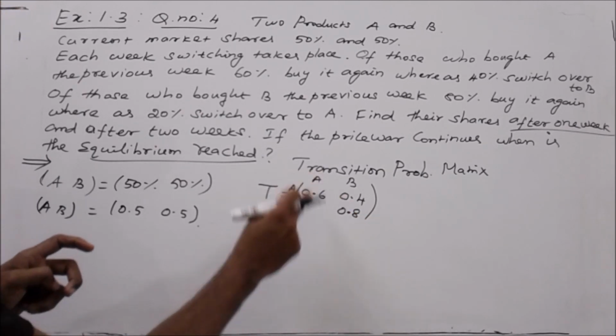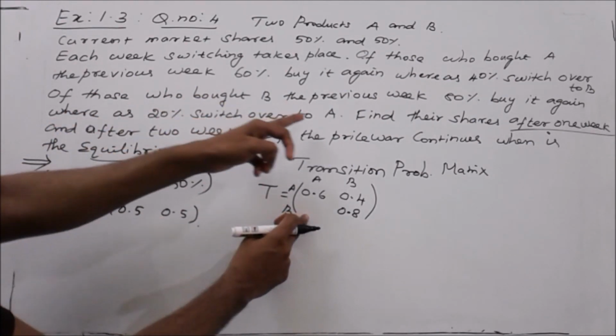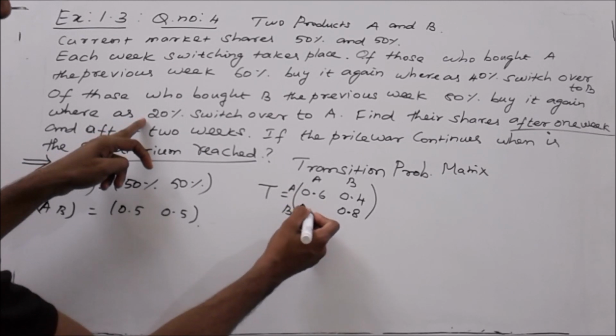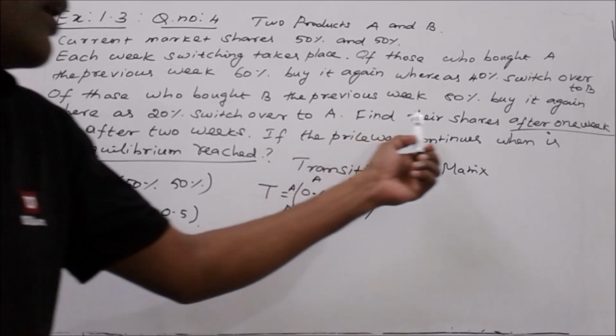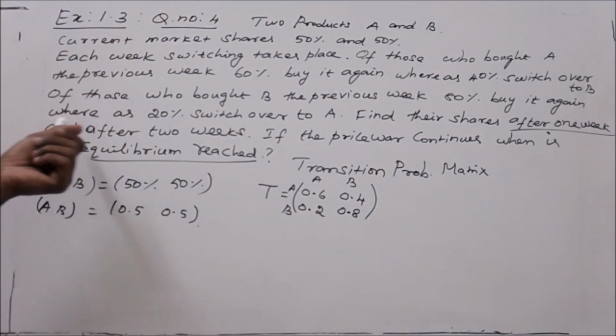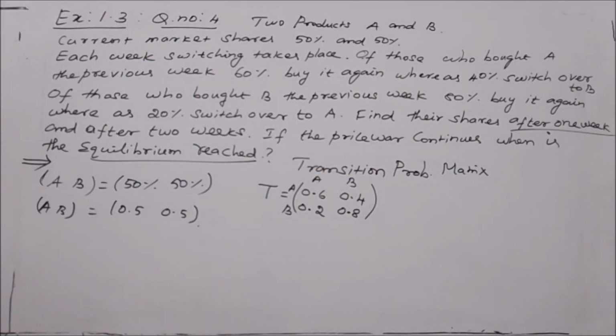Then switching from B to A, 20% switch over to A, so B to A is 0.2. This is the required transition probability matrix. We should find 3 cases here. We find shares after 1 week and after 2 weeks, and if the price war continues the same way, when is the equilibrium reached?